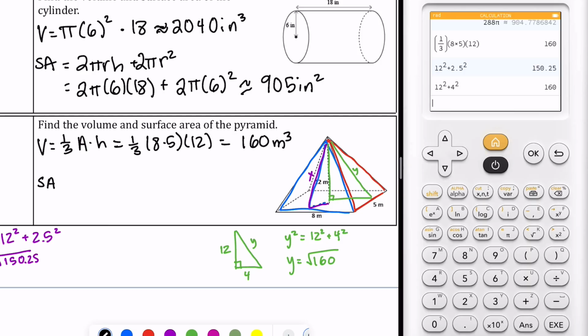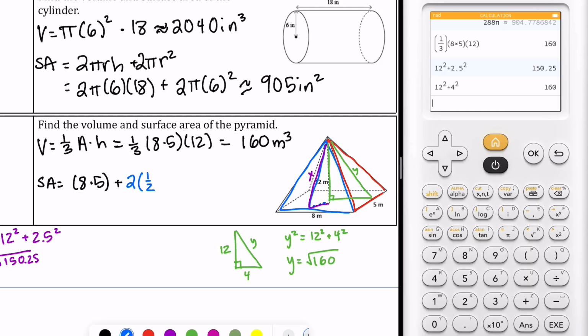So surface area, we got to add up first our base. So our base is just a rectangle. It's 8 times 5. We only have one base, so we just add that once. And then we're going to have 2 blue triangles. That's this one right here, and then it's that one back there. So for this one, we'll do 2, and then we have to do 1/2 base times height.